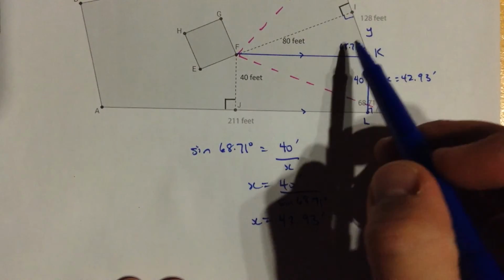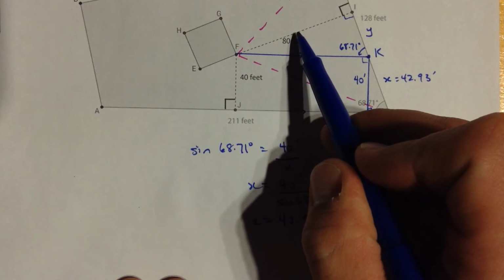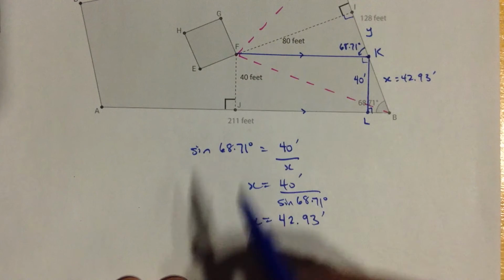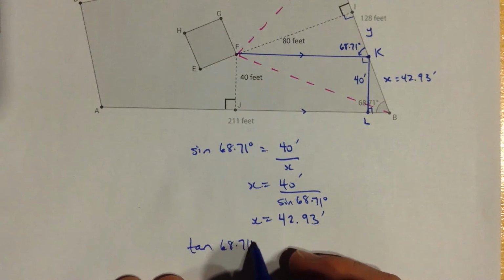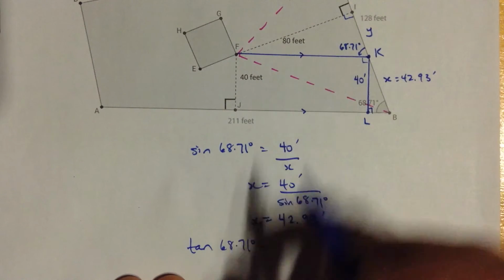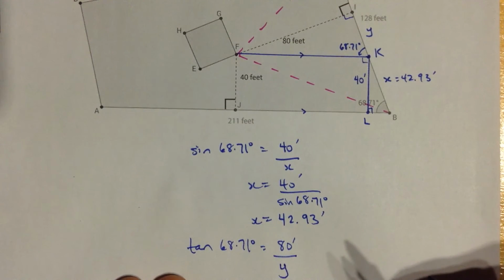And I know now, instead of sine, here I'm going to say, well, this is the opposite side and this is the adjacent side. That means I'm using tangent. So tan of 68.71 degrees is the opposite side, 80, divided by the adjacent side, which is y, which we don't know.